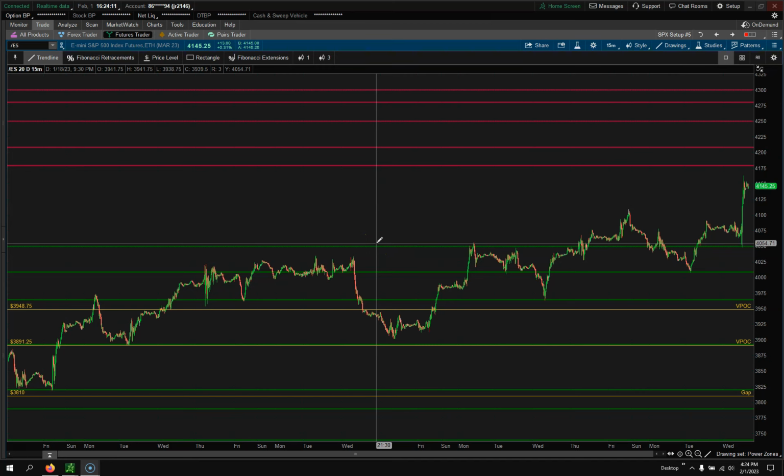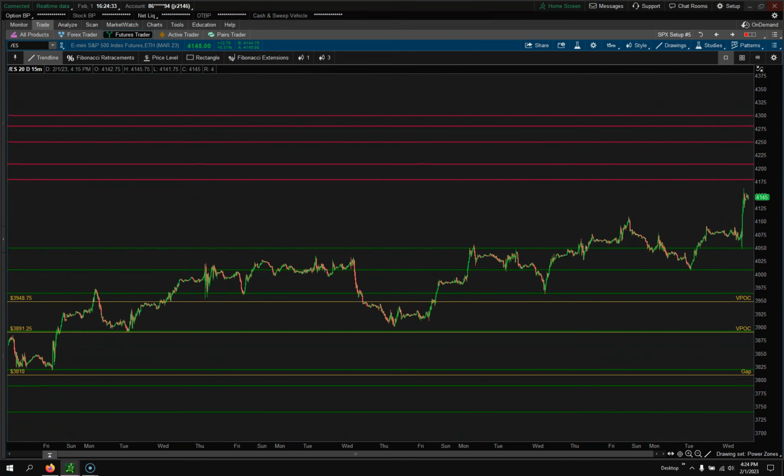But the logic and the technique behind them are actually the same for any stock, any future, Forex, anything like that. So it's not specific to just the S&P E-mini 500s, right? But that's what I trade.